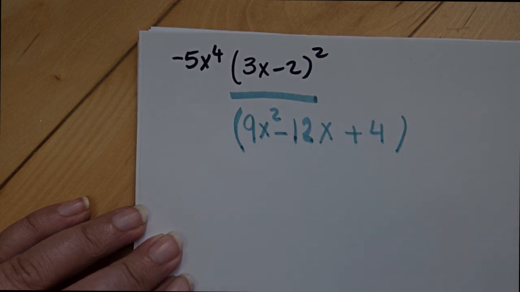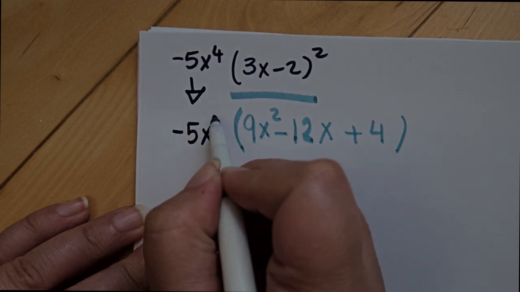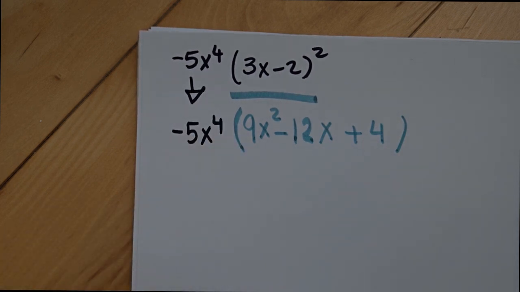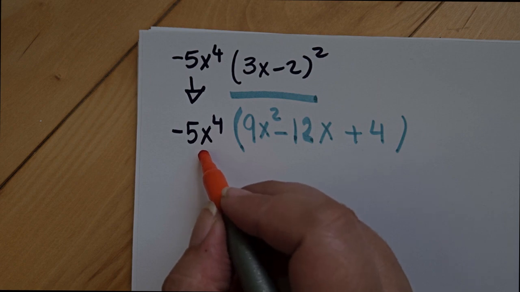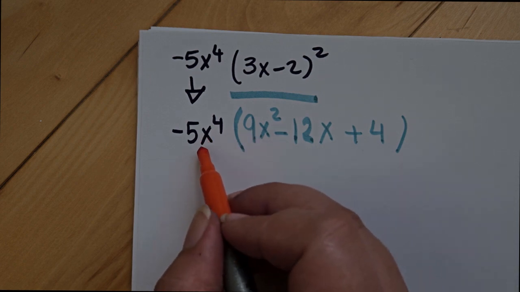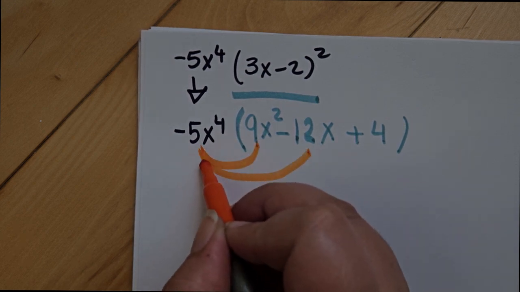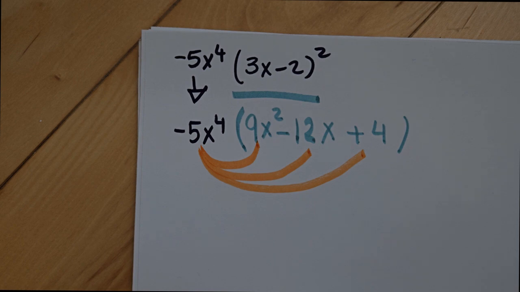But remember, we have this guy sitting here. So now the next step would be doing FOIL, right? So this is in front of the parentheses, or bracket, so it will be multiplied by each of these terms, right?